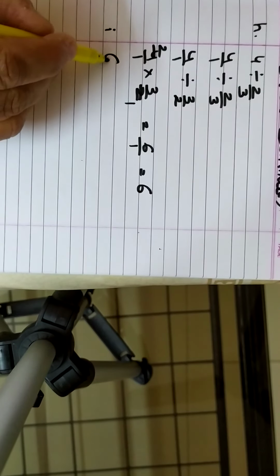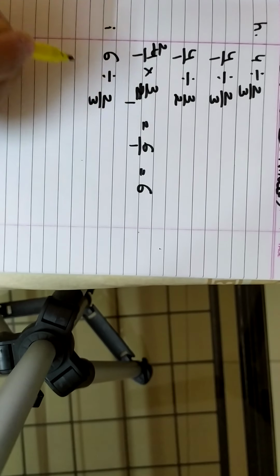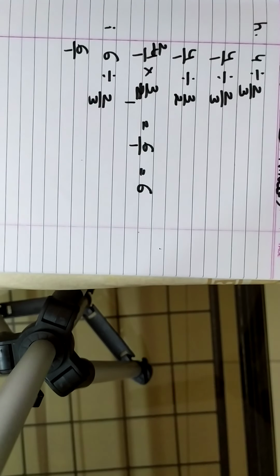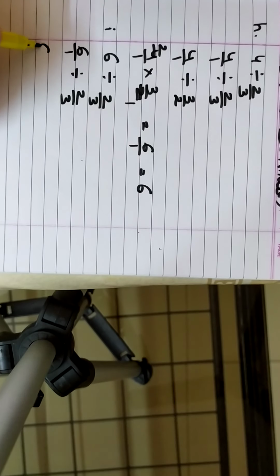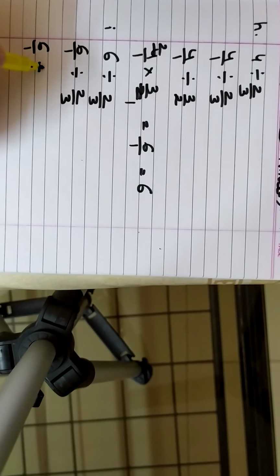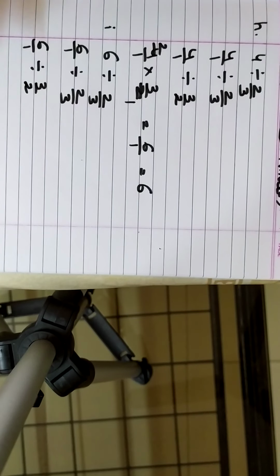Next is 6 divided by 2 upon 3. Step 1. Step 2. Reciprocal of 2 upon 3 is 3 upon 2.